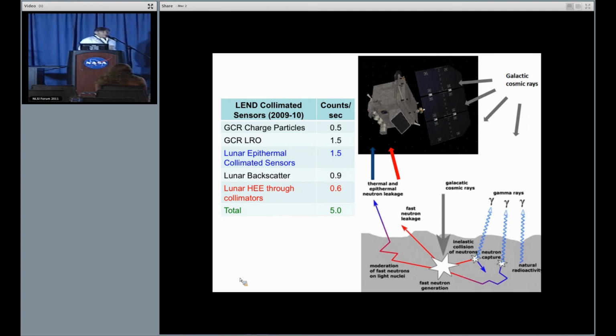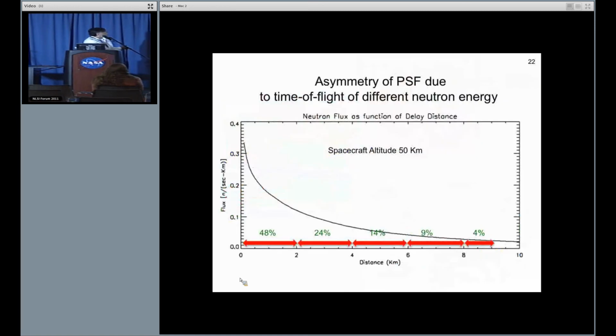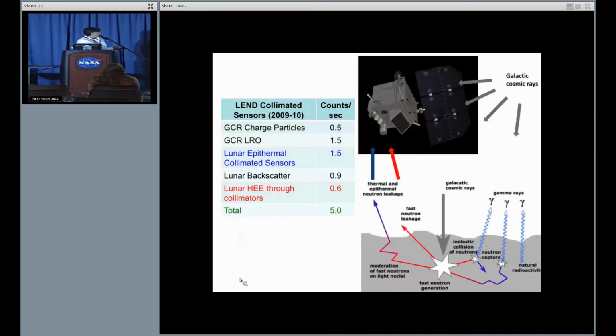But from our understanding of the amount of flux coming through the collimator, the high energy component that you're talking about, it's about 0.6 counts per second out of the 5 counts per second we have.